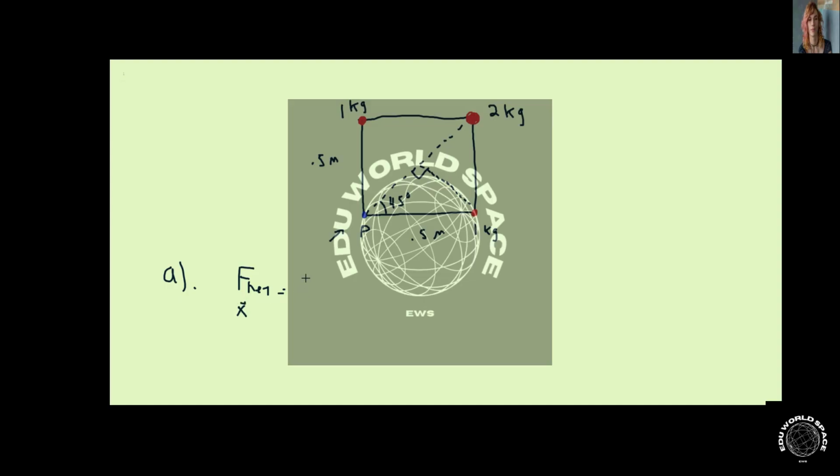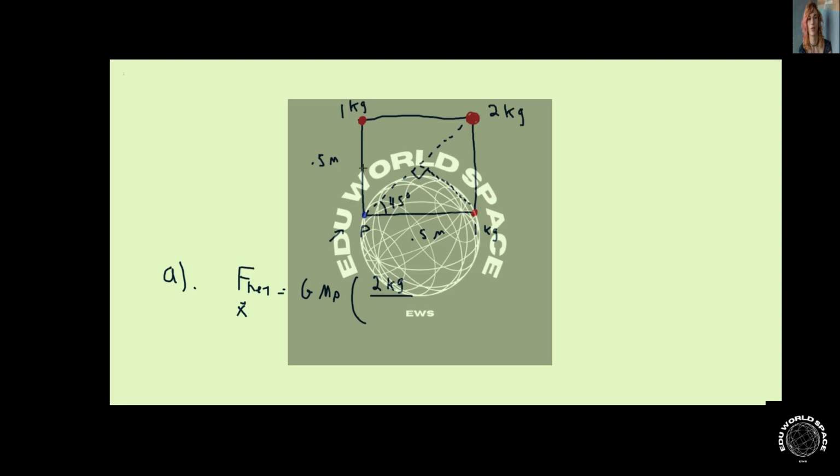And so we have the gravitational constant, times mass P. Now let's start with the 2 kilogram mass. That's pulling along this line, which we've called the positive x direction. So we have its mass of 2 kilograms, and now we need to divide by the distance squared.